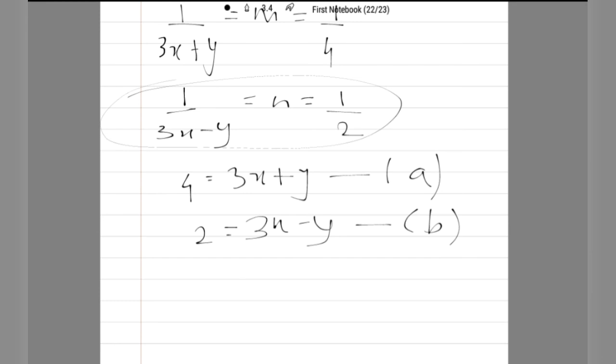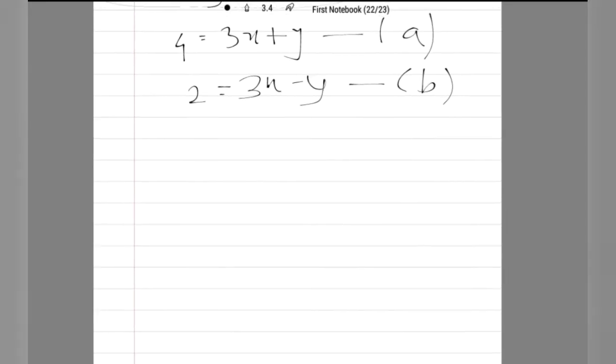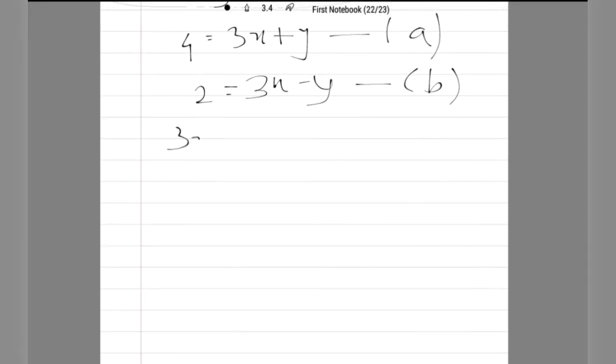Okay, so after getting these equations, we again have to solve them to get the values of x and y. So solving these equations by adding them: 3x plus y is equal to 4 and 3x minus y is equal to 2.